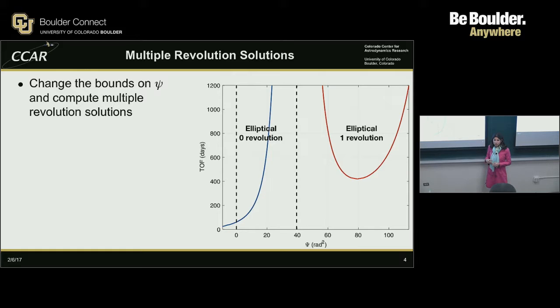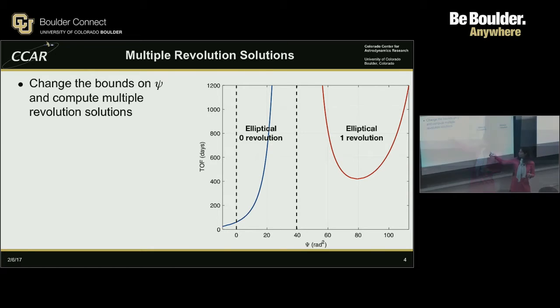So in radians, what are we looking at? 2 pi. 2 pi squared is... well, 4 pi squared, right? That's essentially this bound right here. So as we get above 4 pi squared, we're looking at these elliptical one-revolution solutions.